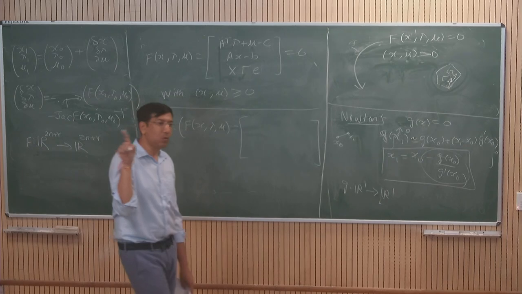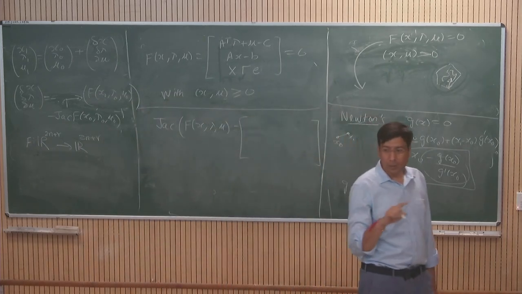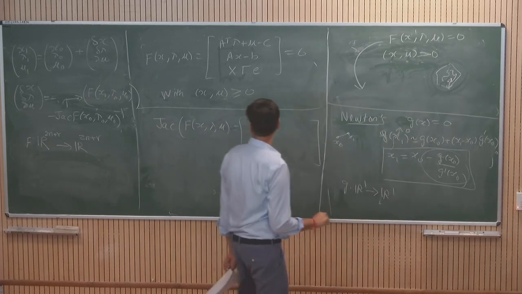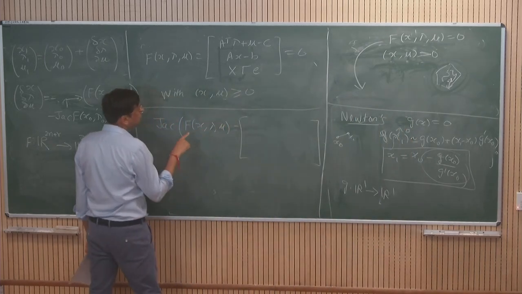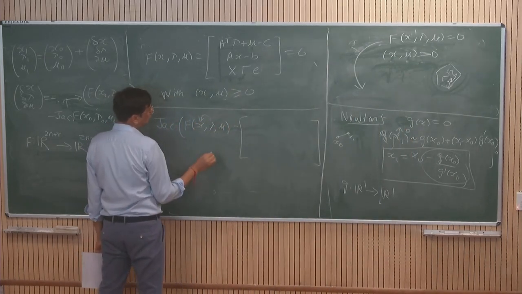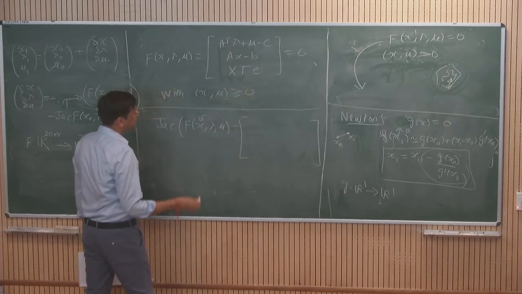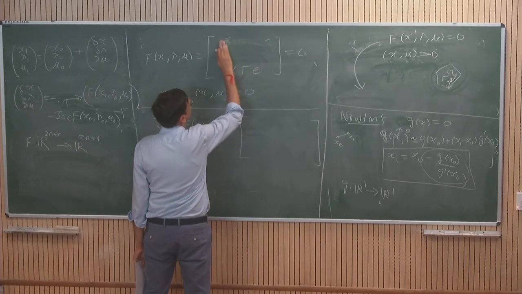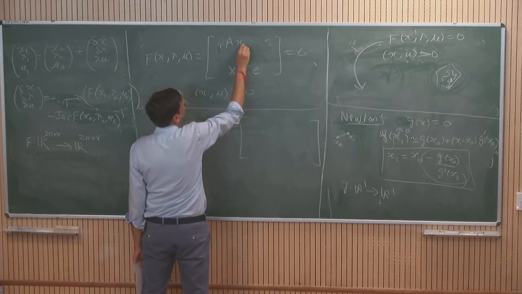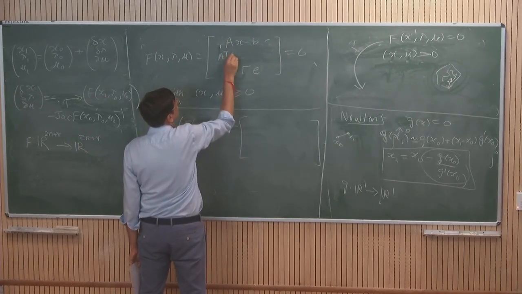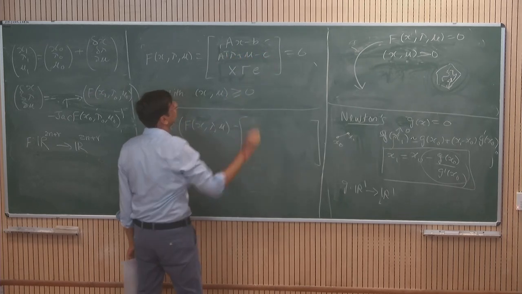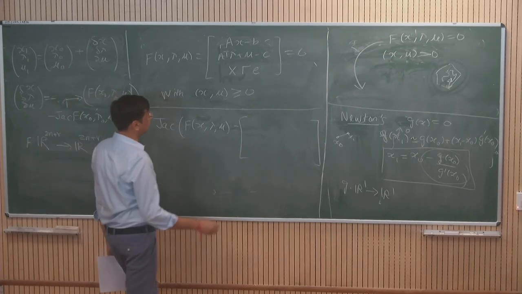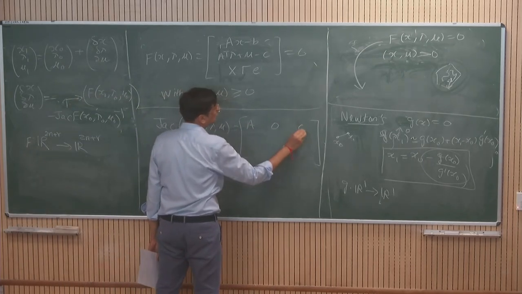You take every row and differentiate with respect to all the components, write them row wise. So if I am going to do the Jacobian, let's do with respect to, let's not write because I have written lambda mu. If I want to write the x first, then I should write this as Ax minus b and this should be A transpose lambda plus mu minus c. So if I do with respect to x, what will I get? A, 0, 0.